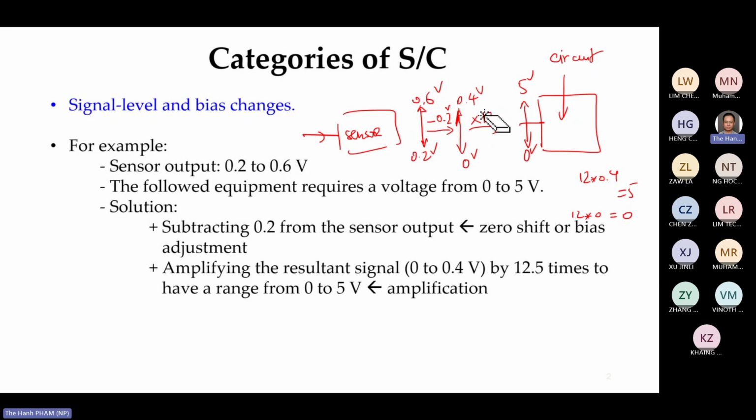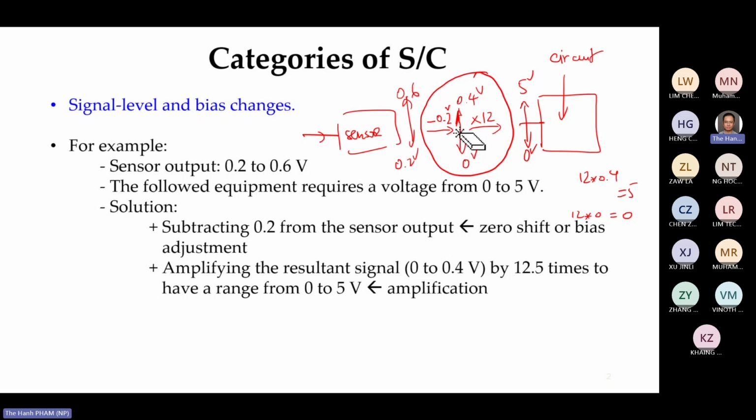So I need to do two things: bring down the level of the voltage to 0 to 0.4, then do amplification. So for the 0.2 to 0.6 signal, the signal conditioning must do these two operations for me.